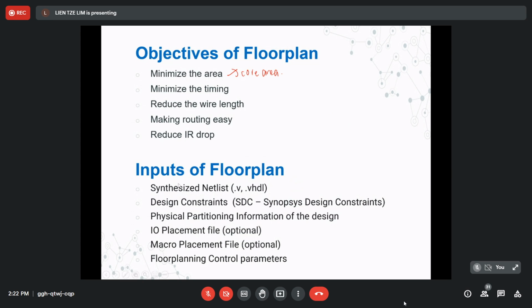The inputs listed here are the synthesized netlist, design constraints, physical partitioning information of the design, input output placement file, macro placement file, and floor planning control parameters.